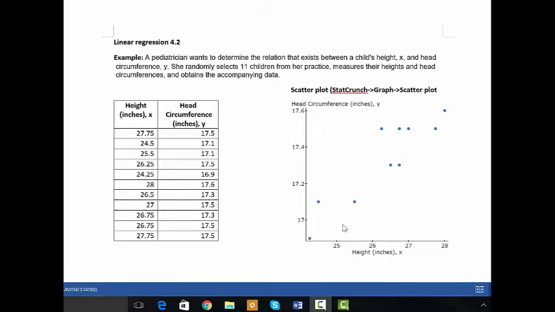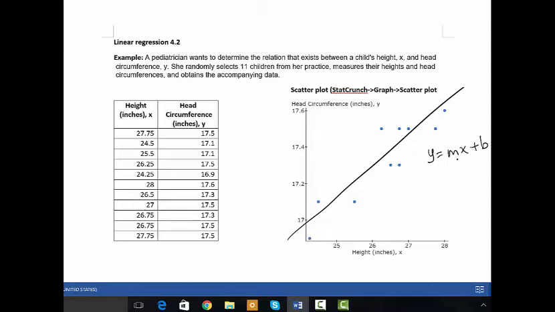Once you have those 11 points, our purpose is to find a line that fits all those data the best. We learned in algebra that a straight line can be determined by the slope, which is m, and the y-intercept, and the equation for that is y = mx + b.